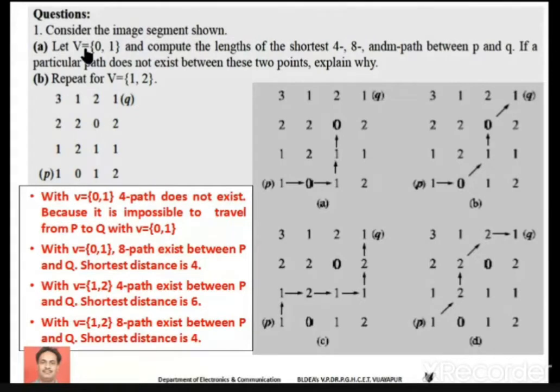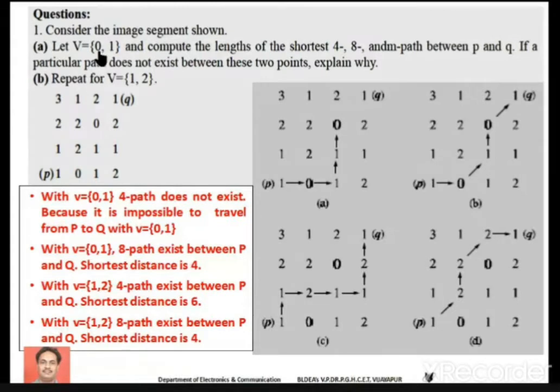First we consider bit A. He has given V equal to {0, 1}. This set V represents the set of pixels, that is pixels with values 0 and 1. Now between this P and Q, we have to find out a 4-path, but that path should consist of only pixels with values 0 and 1.